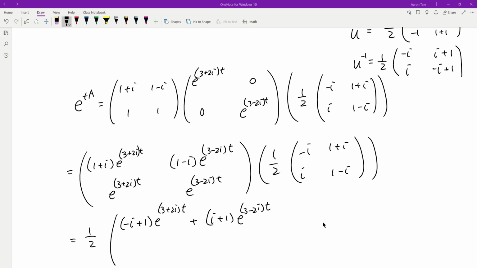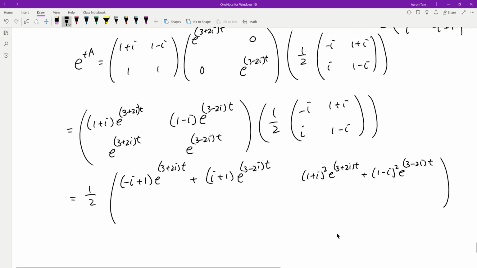All right, let's see if we can do the second term. So if I multiply this together, I will actually get 1 plus i squared, e to the 3 plus 2i t, plus 1 minus i squared, e to the 3 minus 2i t. All right, so we're going to figure out what that is in a little bit. Let's do this one.